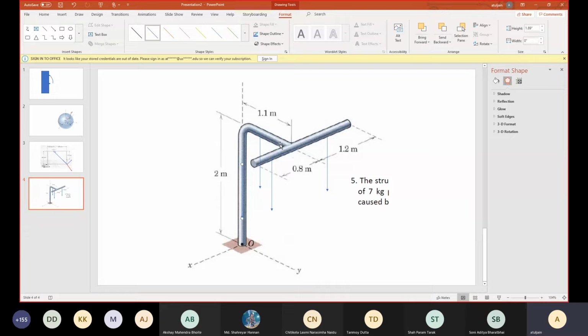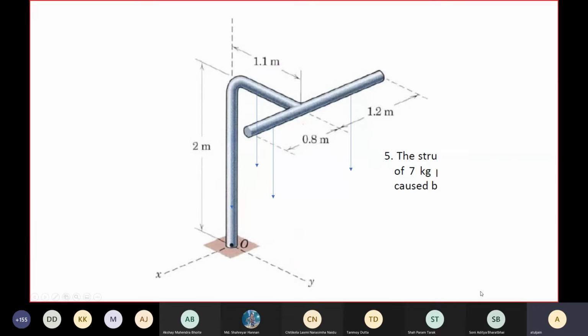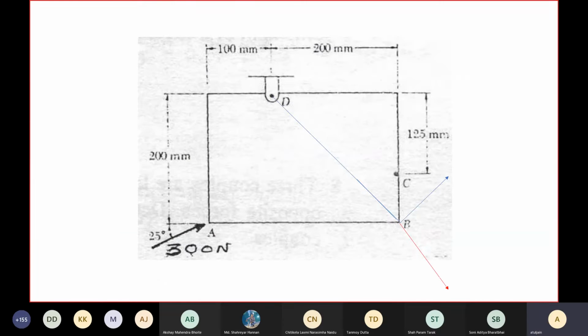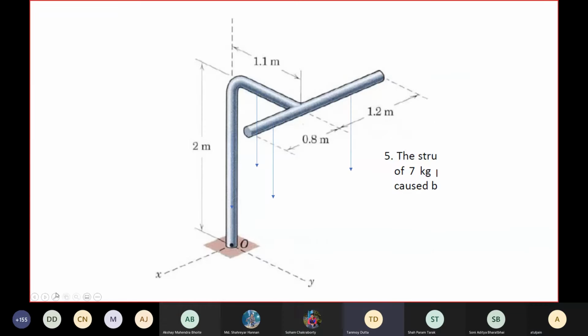It becomes x is 0, y is how much? 0.55. So what is the coordinate of this point? 0, 0.55, 2.